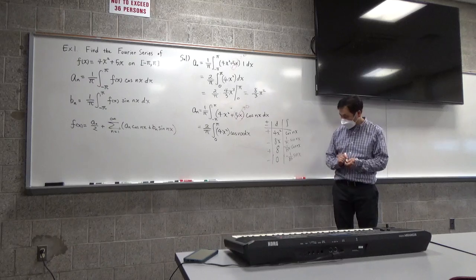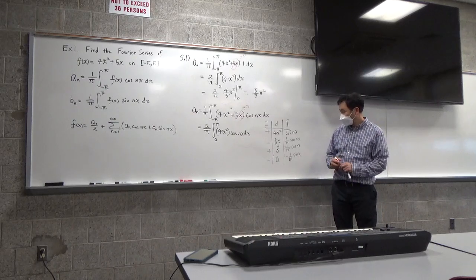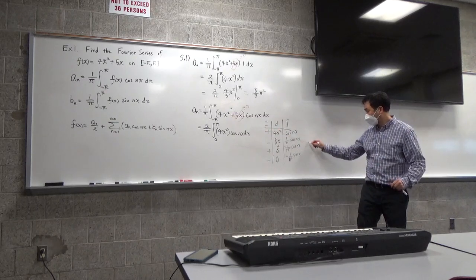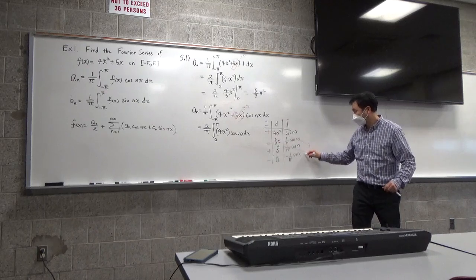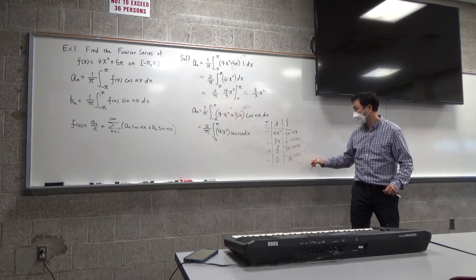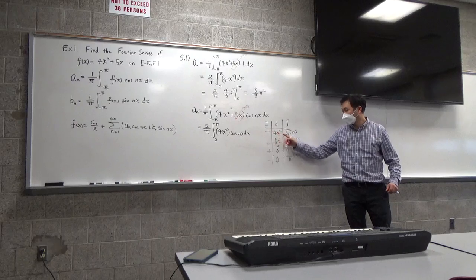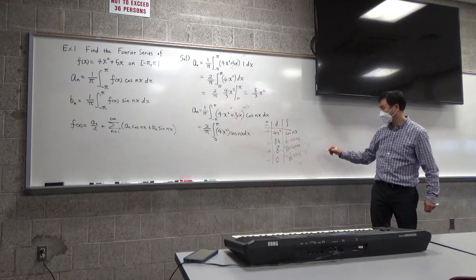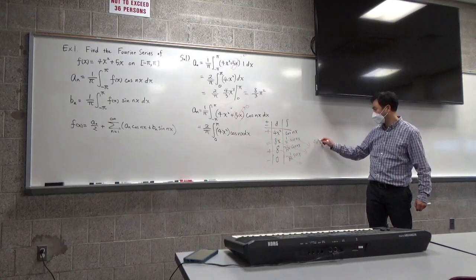And once you're done, you can multiply like that, multiply like that, multiply like that. So you have positive 4x squared times 1 over n sine nx, so it's 4x squared over n sine nx.